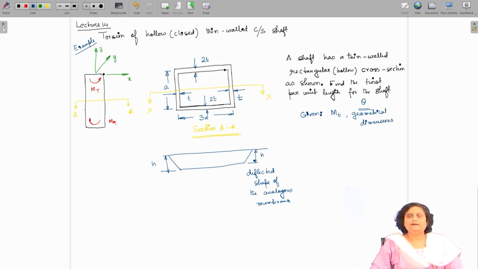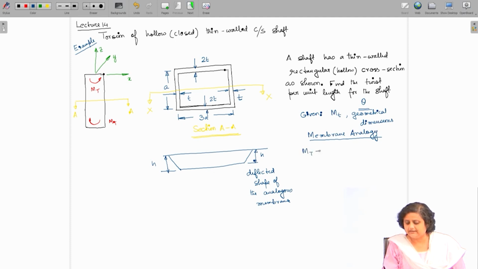Now, let us see how we can find it. From the membrane analogy, the torsional moment can be written as twice the volume of the deflected membrane.